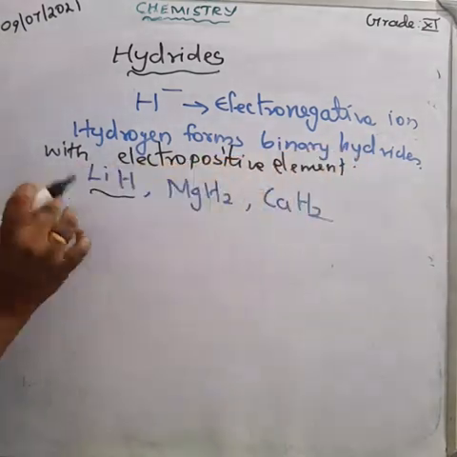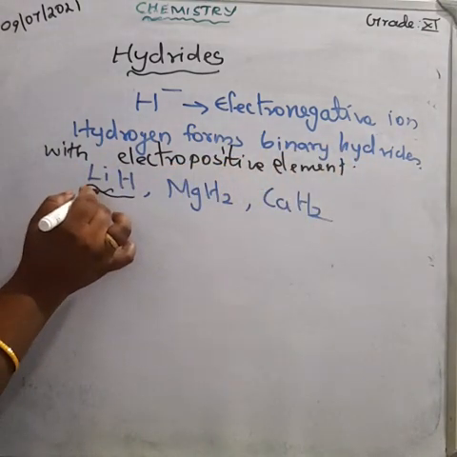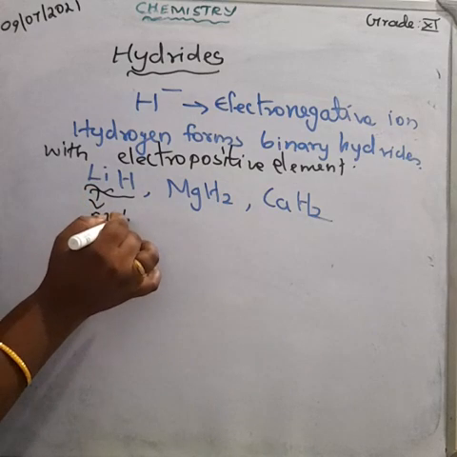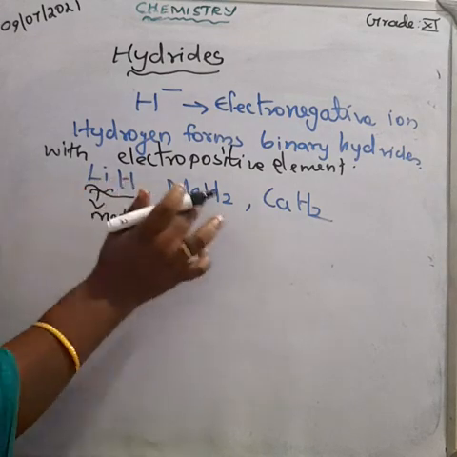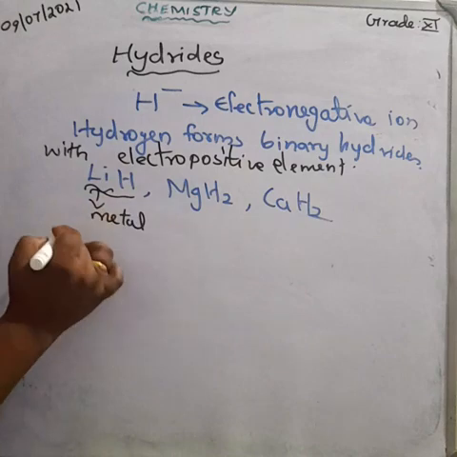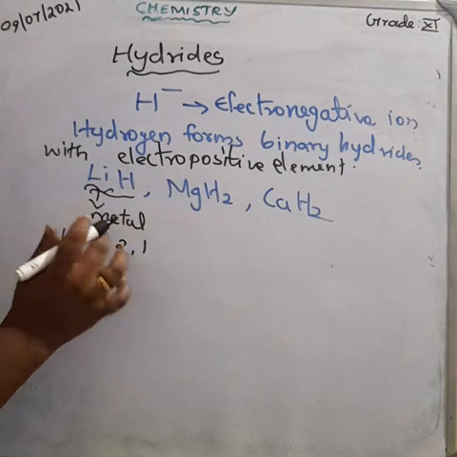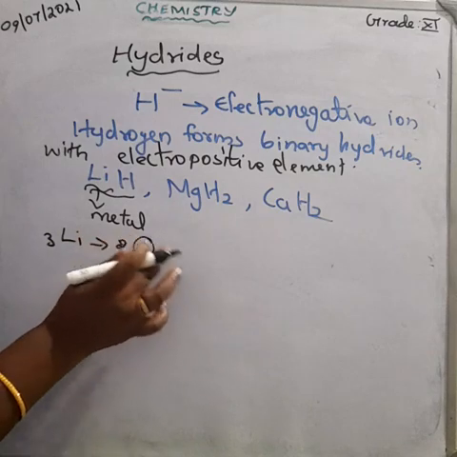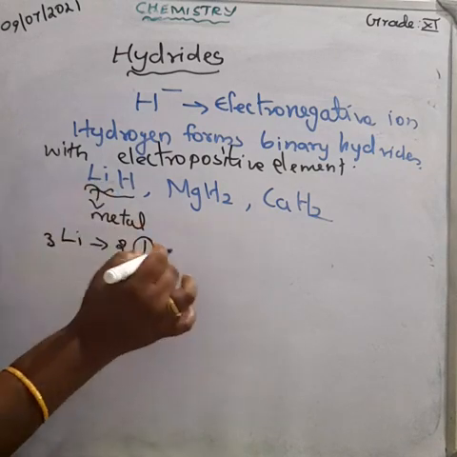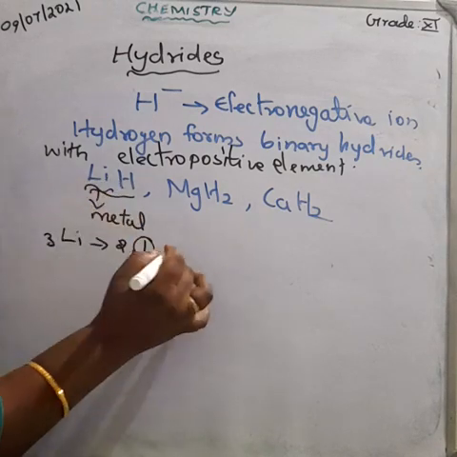Lithium is one of the metals. It is an electropositive metal because it donates its electron. Lithium has atomic number 3, electronic configuration 2,1. So it always likes to donate this electron and becomes Li plus, a lithium cation.